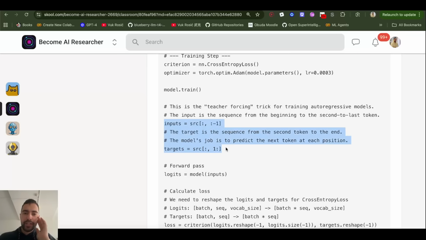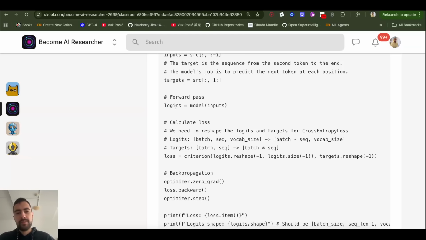All of the possible combinations when training a large language model are: you can have one token and predict the next, you can have two tokens and predict the next, you can have three tokens, until you have almost all and predict the last. So that's why inputs can be from 0 until the last but not including the last, and targets can be from the second token until the last. So all of the possible combinations where you have at least one token to predict the next, or all except the last to predict the last.